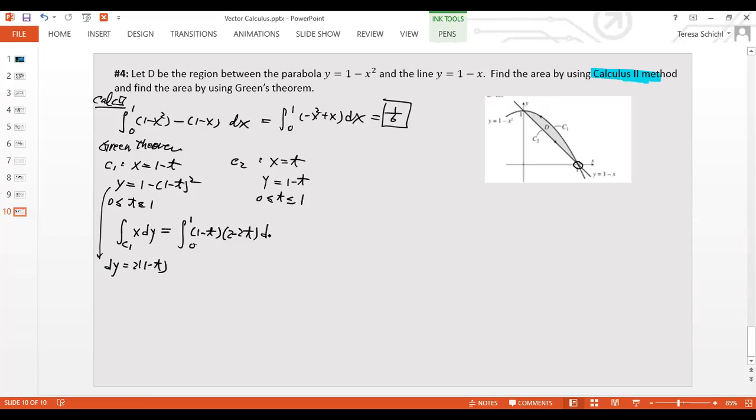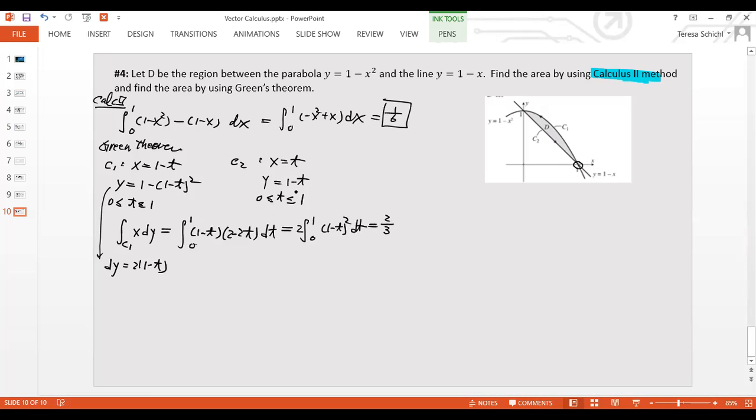Then it's dt. So you simplify this and you can integrate. This will be the integral from 0 to 1 of 2 times (1 minus t) squared dt. So you will have 2/3. Okay?